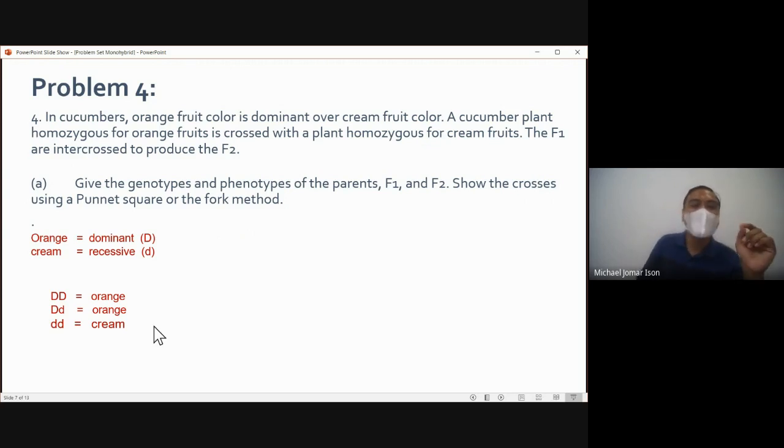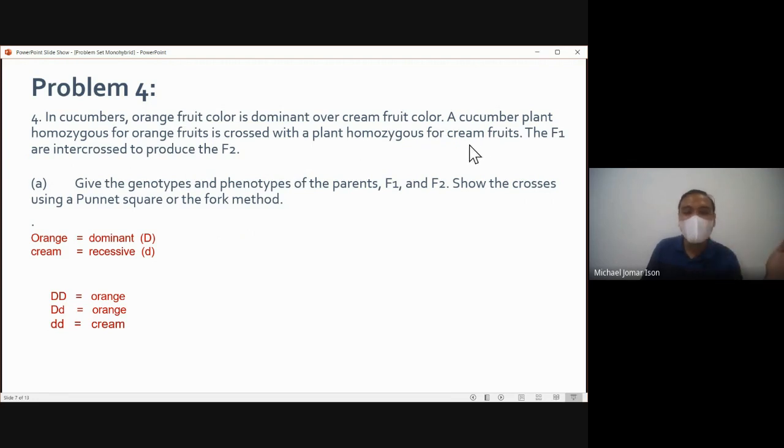Okay, so with that, let us now proceed with the parents. It is described that the cucumber plant is homozygous for orange fruit, and that is the first parent. It is homozygous for orange fruit, which leads us to the fact that it is big D big D because it is homozygous for the dominant gene. So that's the first parent. The second parent would be a plant homozygous for cream fruits.